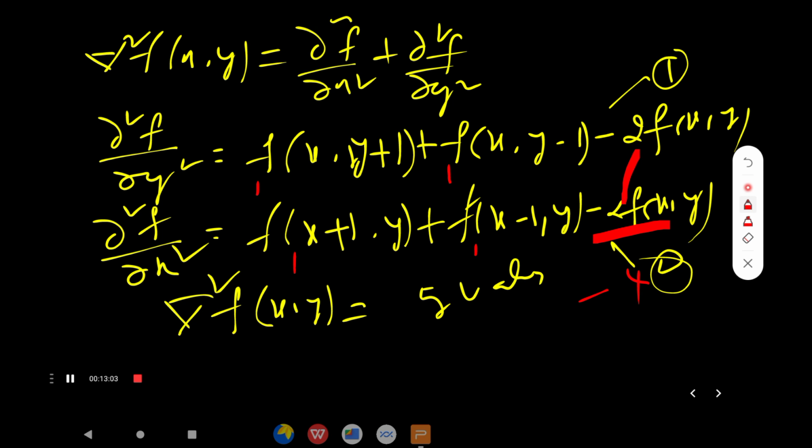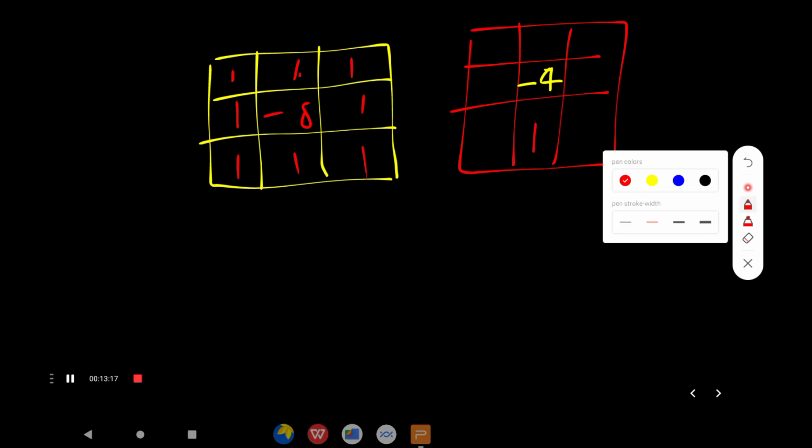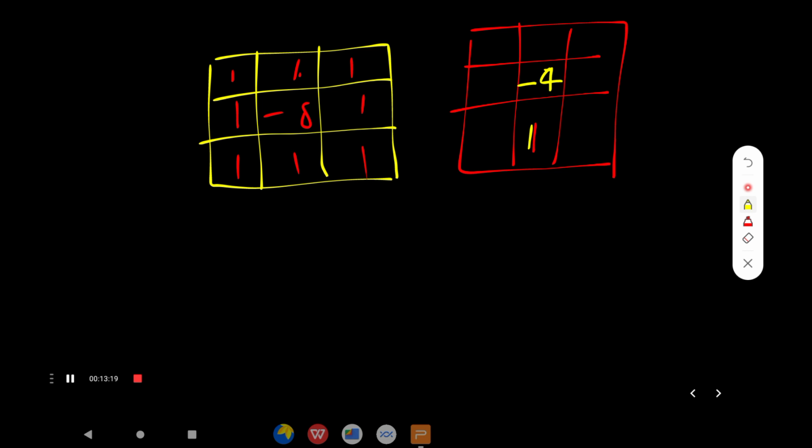Some pixels are also not present here, so that coefficient value can be replaced with 0. Then you can get f of x plus 1 comma y. This is a scenario where you will get a value of 1 in this case, and f of x minus 1 comma y, this is also the top one, f of x comma y plus 1 incremented, f of x comma y minus 1, this one.